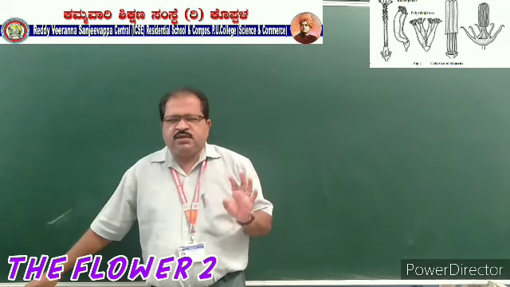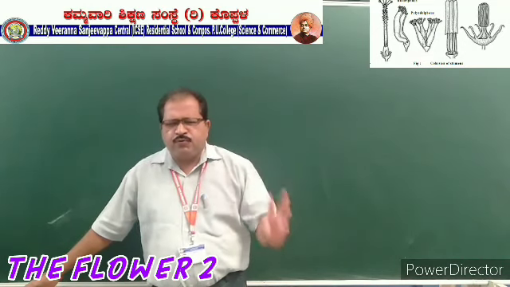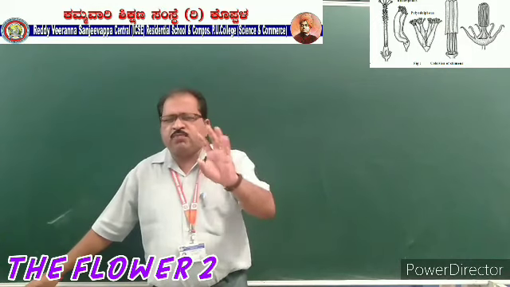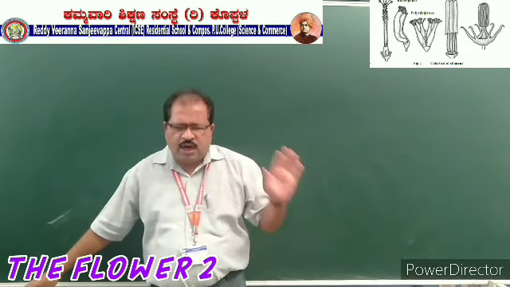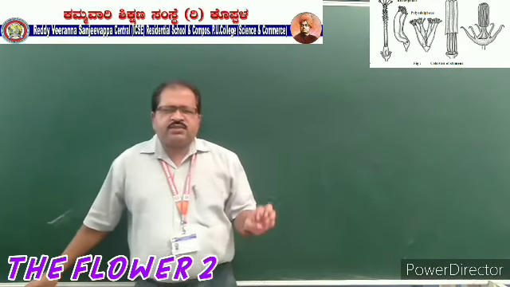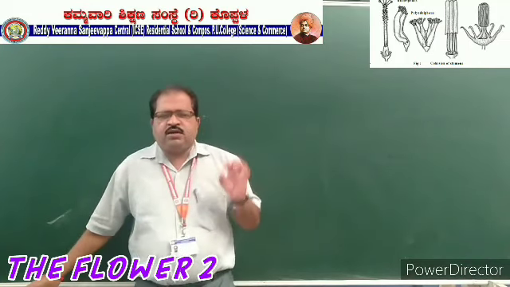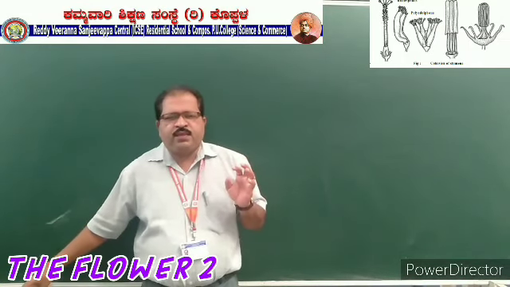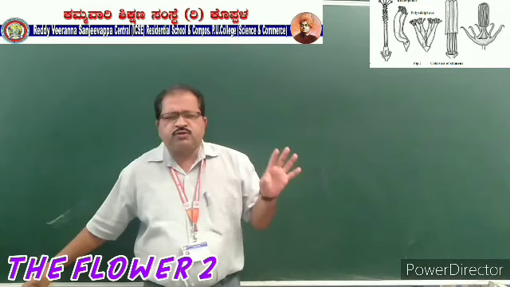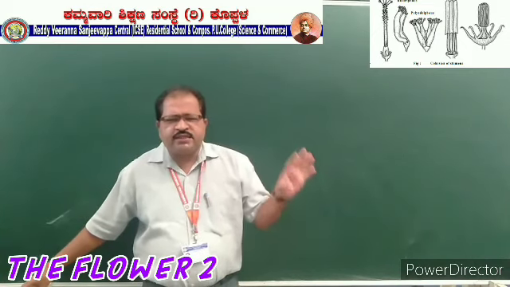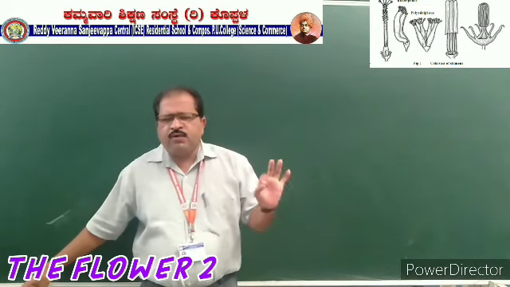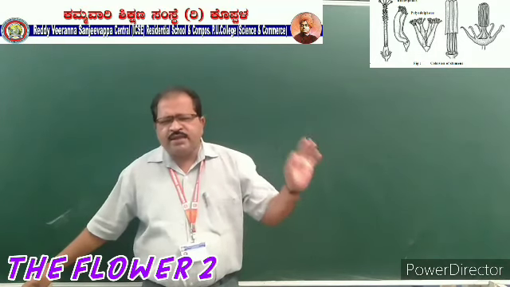Calyx prepares the food and provides it to all other parts of the flower. Corolla attracts the insects for pollination. So those two parts together are called non-essential parts, or accessory parts of the flower.